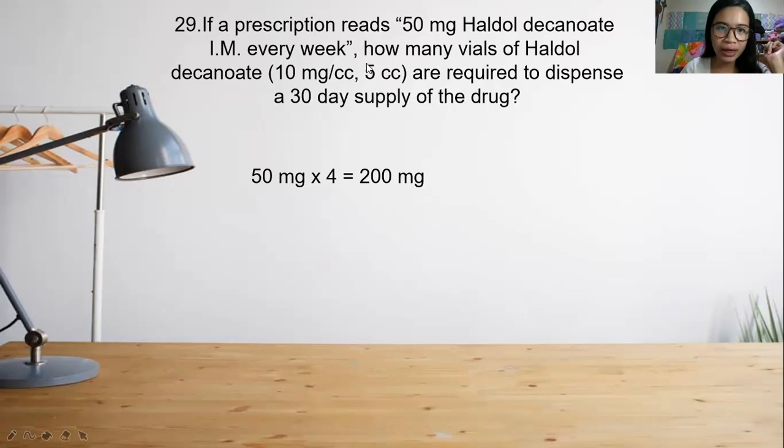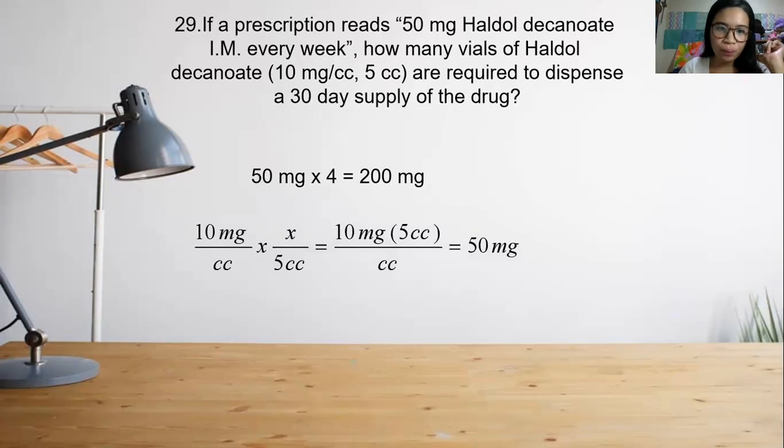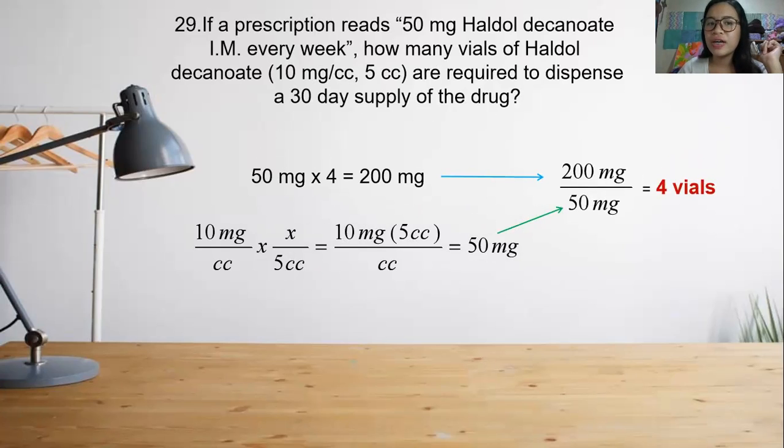Then I cross multiplied the 10 milligram per cc to 5 cc. So 10 milligram times 5 cc divided by 1 cc equals 50 milligram. So 200 milligram divided by 50 milligram equals 4. So the final answer is 4 vials.